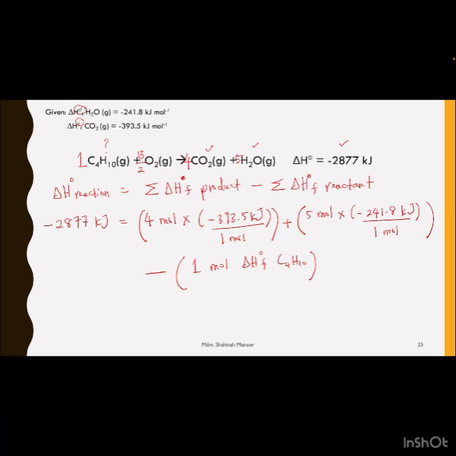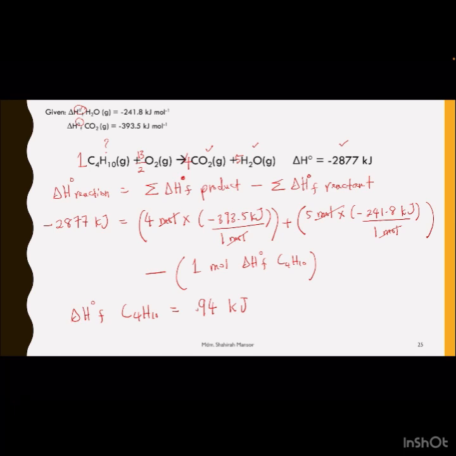We will cancel the mole. After you do all the cancellation and after adding or subtracting all the values, you will get the value of delta H naught formation of this butane as 94 kilojoule.